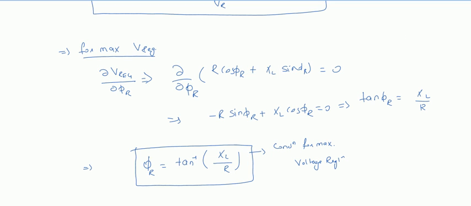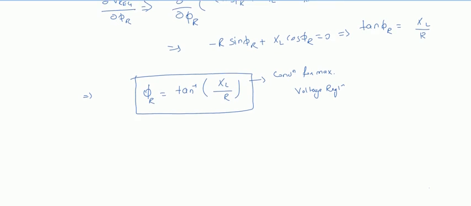Now this is the condition for maximum voltage regulation. For a lagging load, if you see this expression, tan inverse xl by r, this gives just the impedance angle of the transmission line, isn't it?